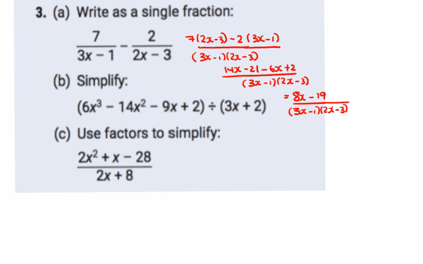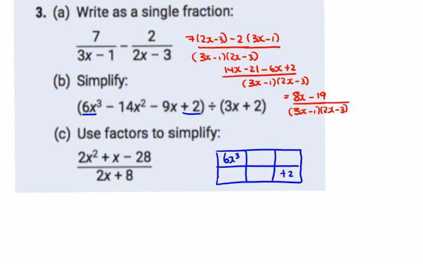In 3b, we have another box method question. Set up your box. 6x cubed, first term of the cubic, last term of the cubic plus 2. We're dividing in 3x plus 2. 3x by 2x squared is 6x cubed. We'd have 4x squared down here.